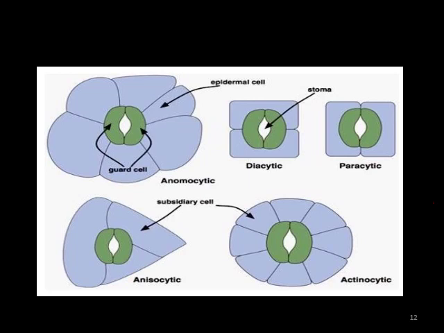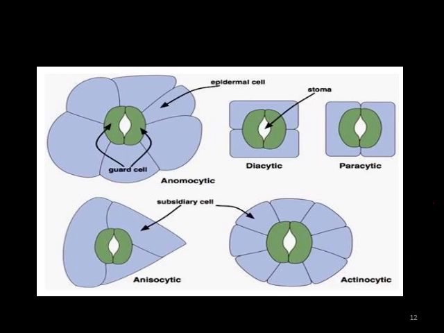The first type is anomocytic stomata. In anomocytic stomata, you can see that the guard cells are surrounded by a certain number of subsidiary cells. These cells have similar shapes. An example of this stomatal type is buttercup.